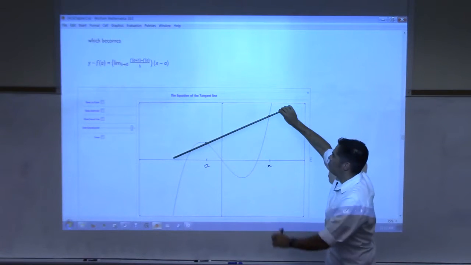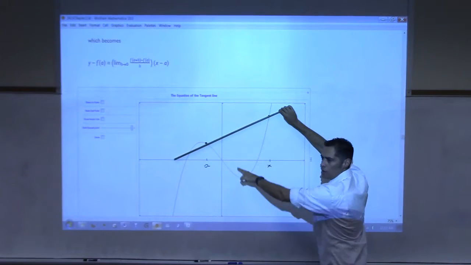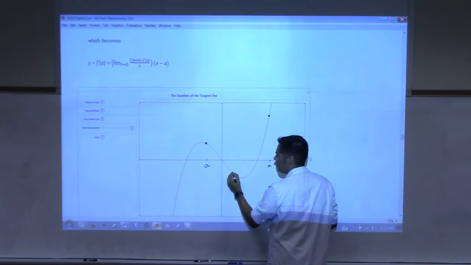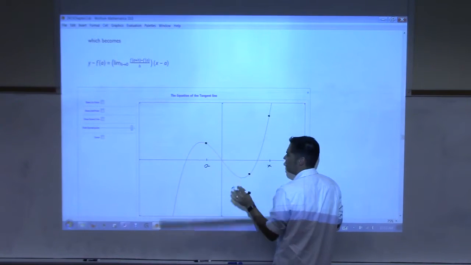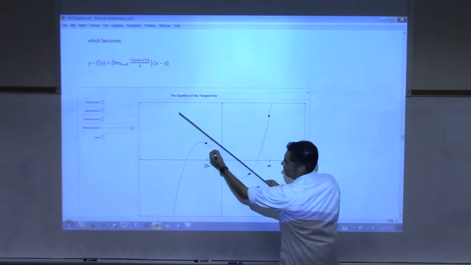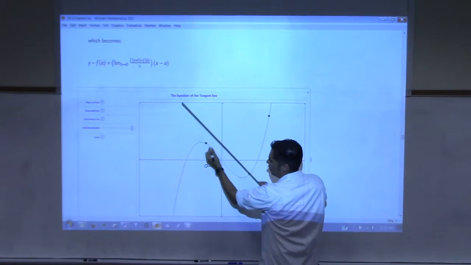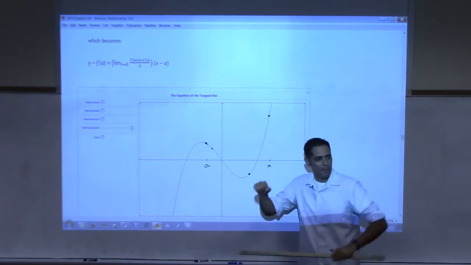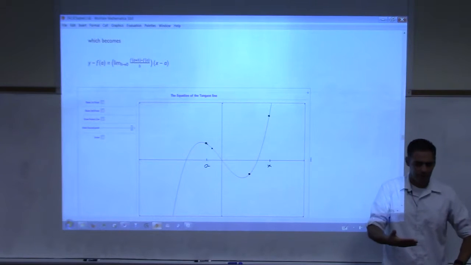But to get the tangent line, we have to move this point closer and closer to that one. So I'd slide this over, and now the secant line looks like this. As I put it here, it looks like this, and it gets better and better, and eventually you put the 2 points right on top of each other, and you have the tangent line, right? The slope.